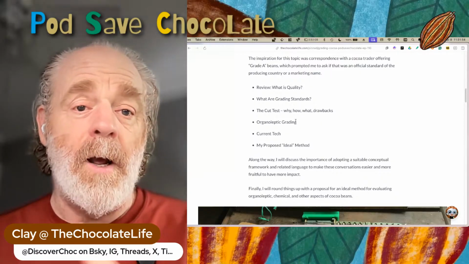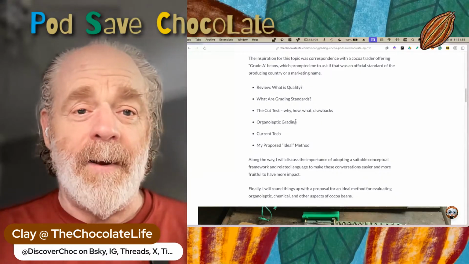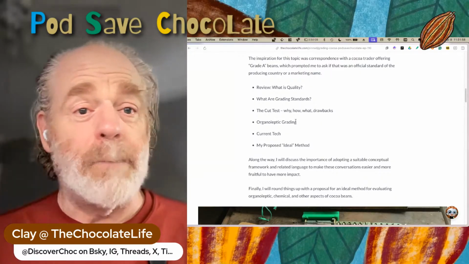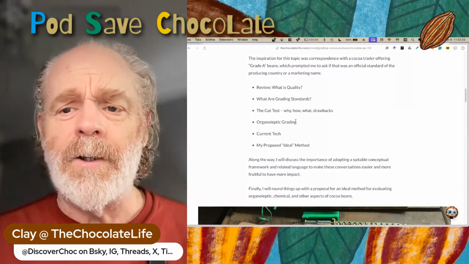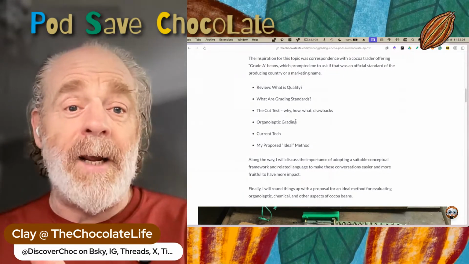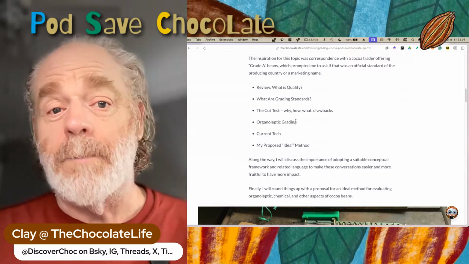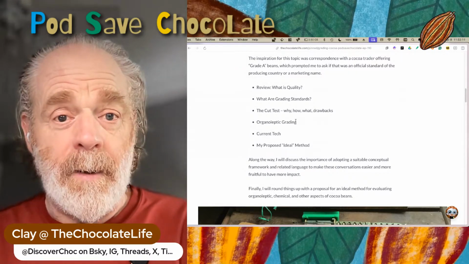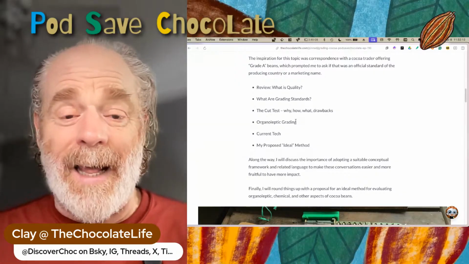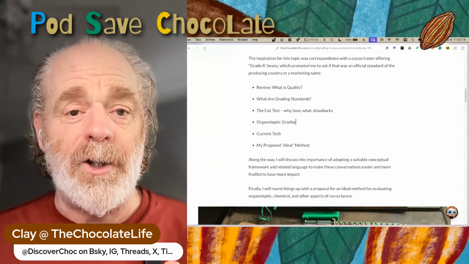Does this coffee bean make a good cup of coffee? And if the score is above a certain percentage, by a certain number of certified graders, then the answer is this bean can be considered to be a specialty bean as opposed to a commodity or bulk bean. And what I propose is that the cocoa world move in that direction, right?